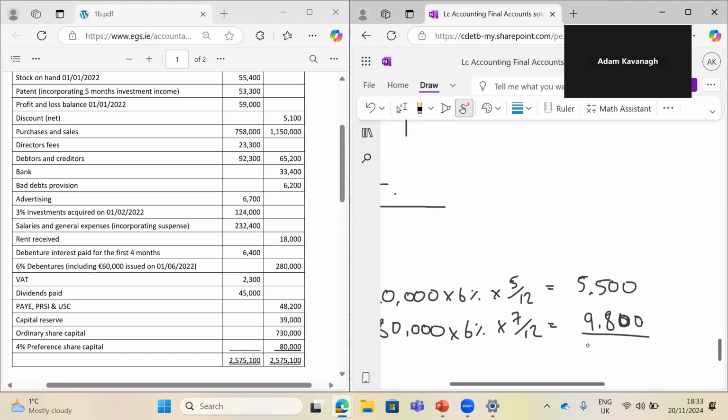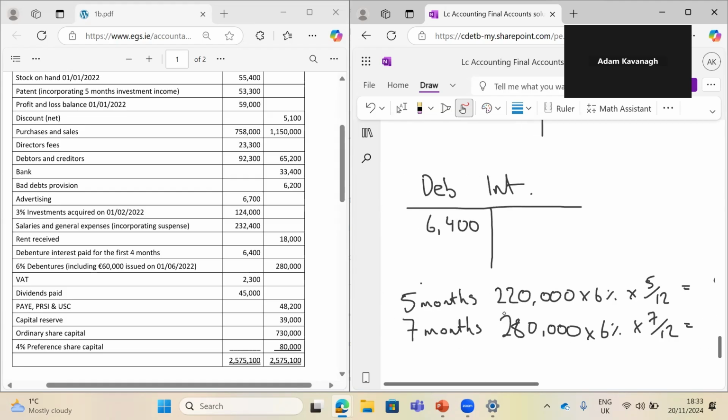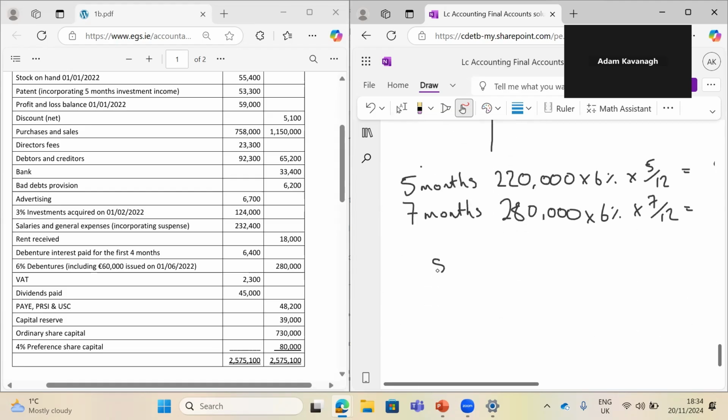Add those two together, and that'll give you your total amount for the year of 15,300, and that goes in the profit and loss. So that's how much we should pay. Sorry, it's a debenture interest, so it's an expense for us. So we should pay 15,300.